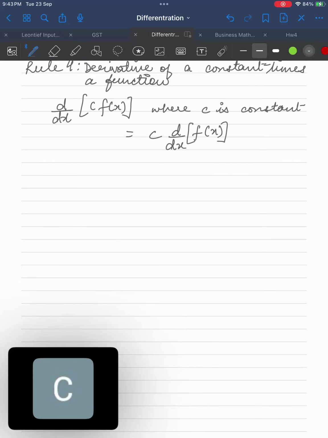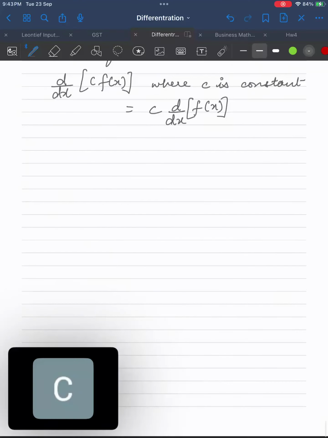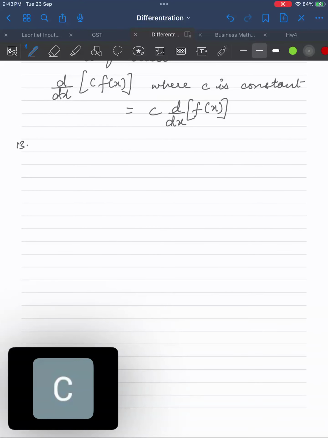Let's do the questions. We have done till 12. Let's do question number 13. Suppose y is equal to 5x. Here we can see 5 is multiplied with the function x. We can write dy upon dx, d upon dx of 5x. 5 would be outside, and d upon dx of x.